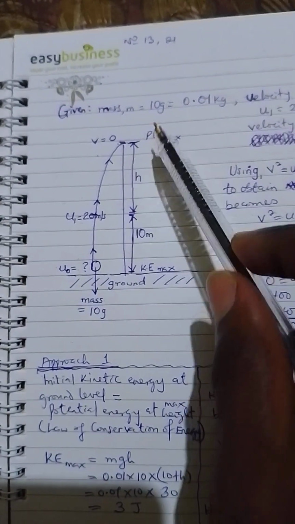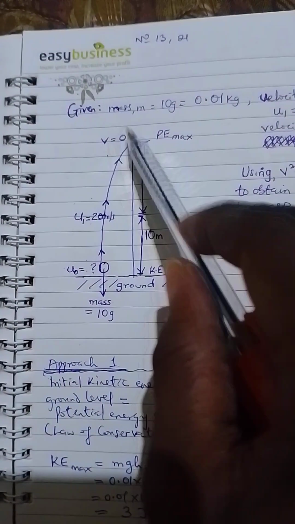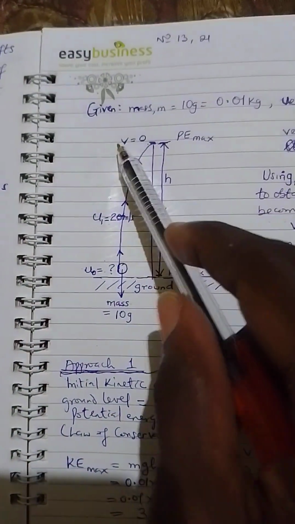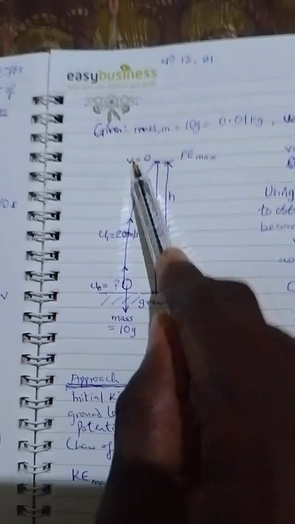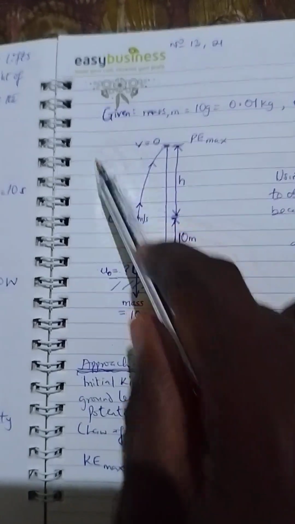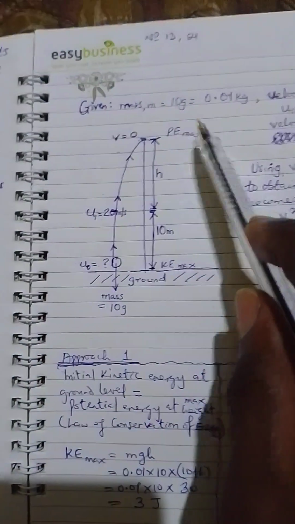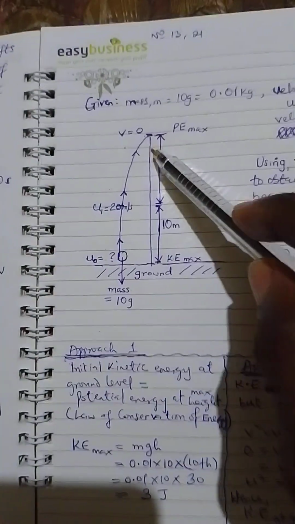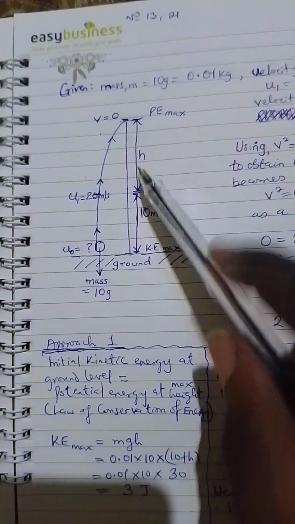If V is 0, then the expression for kinetic energy, half mv squared, is 0, because V being 0 turns the kinetic energy to 0. So we have maximum potential energy at maximum height, and V is 0 at that point.